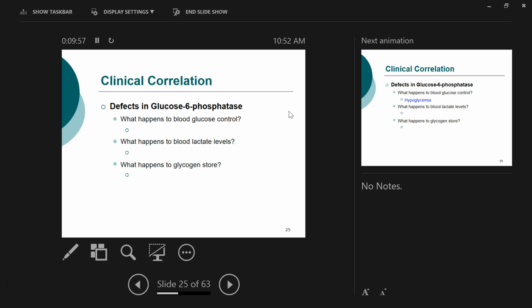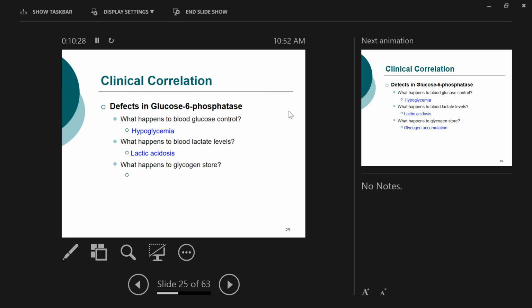So a patient with a defect in glucose 6-phosphatase will also experience hypoglycemia during fasting. That makes sense. And what happens to blood lactate levels? Similarly, the lactate level in the circulation increases.